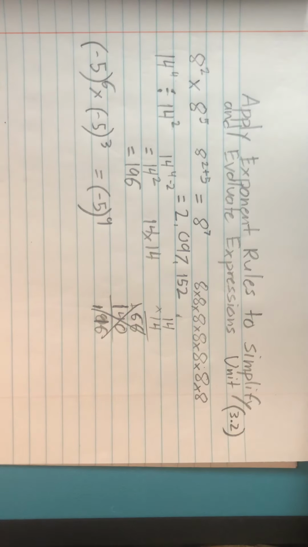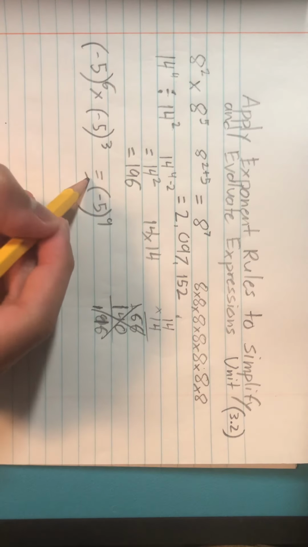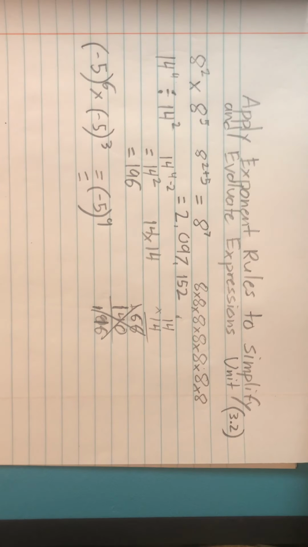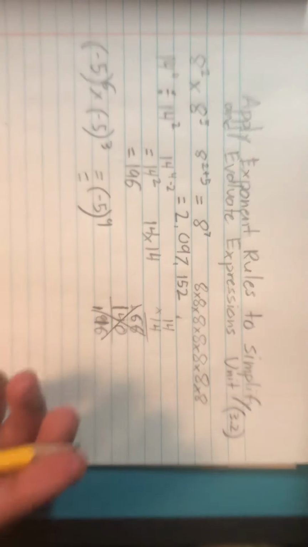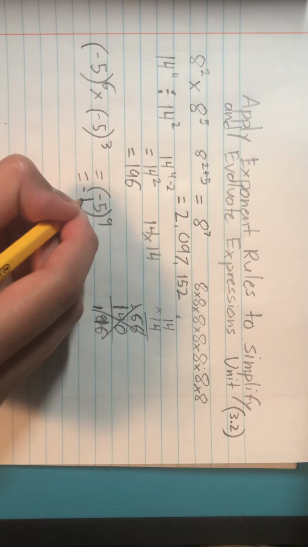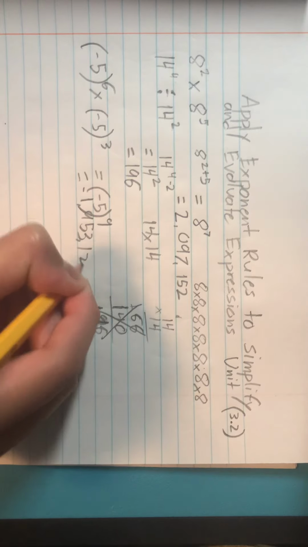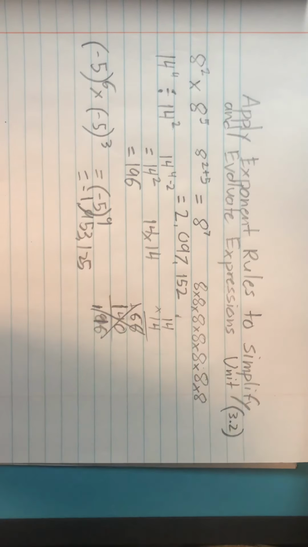And since the exponent is an odd number, the result would be a negative number. So if we did negative 5 nine times, that's going to be a big number. Negative 1,953,125. I'm just grabbing random numbers.